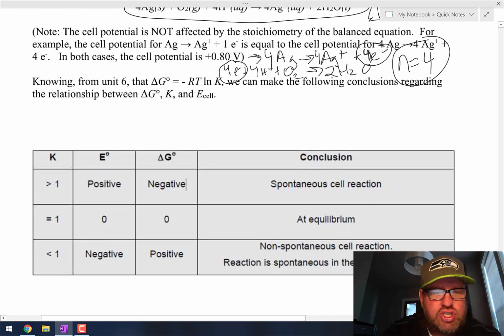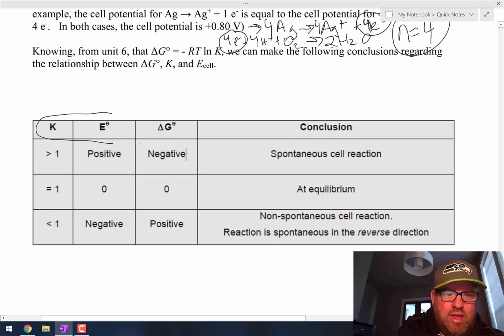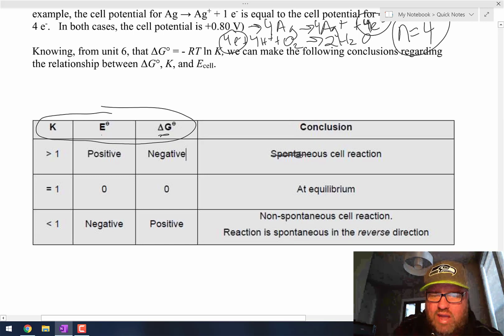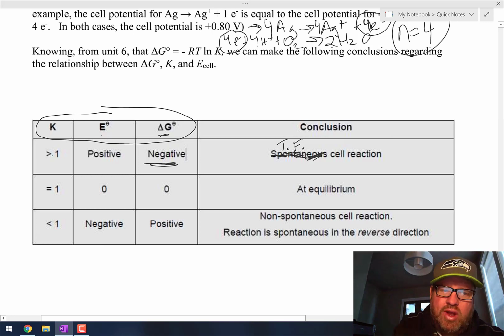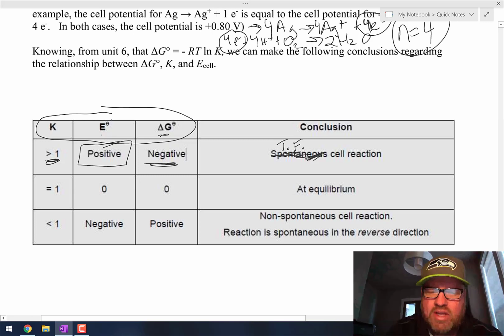The relationship between these three, the equilibrium constant, cell potential, and delta G, is the following. If it is thermodynamically favorable, again, don't use the word spontaneous, use thermodynamically favorable, we know that delta G must be negative, the equilibrium constant is greater than 1, and the cell potential must be a positive value.